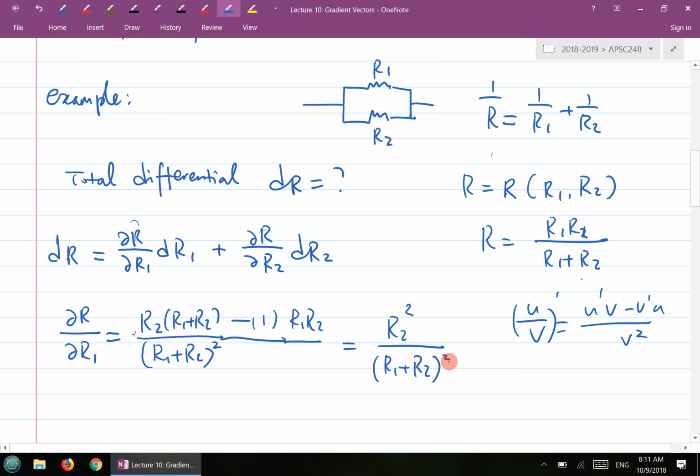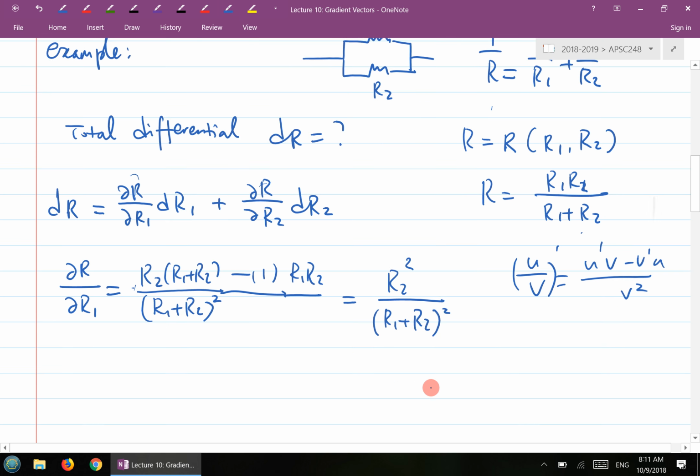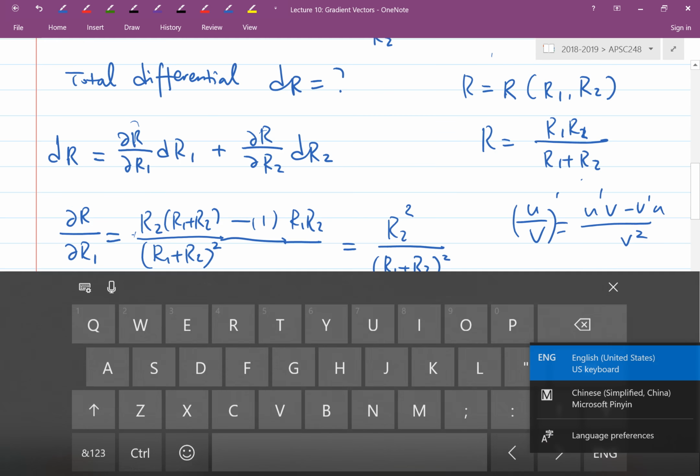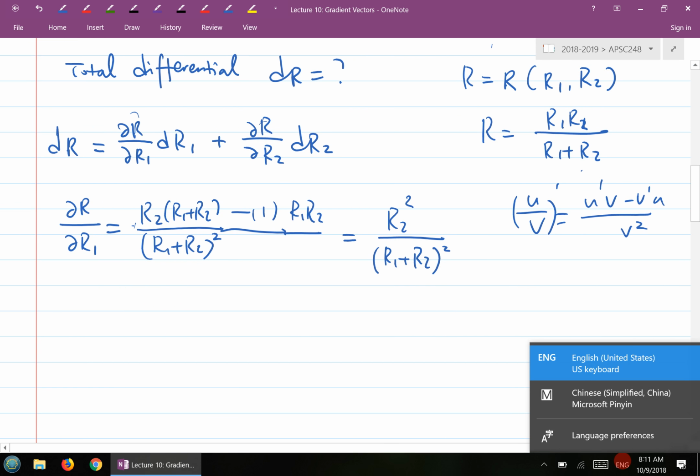Then from here, the answer is simplified a little bit. You can stop here, which is nothing wrong. This is basically the answer.